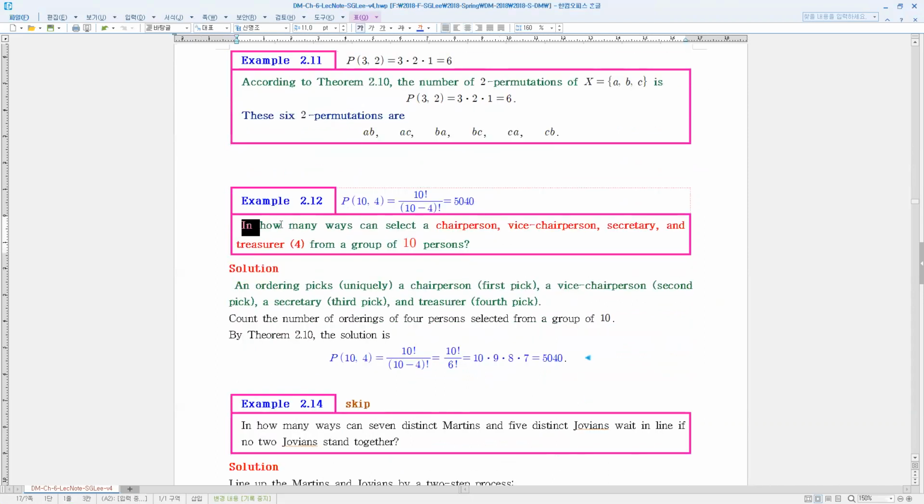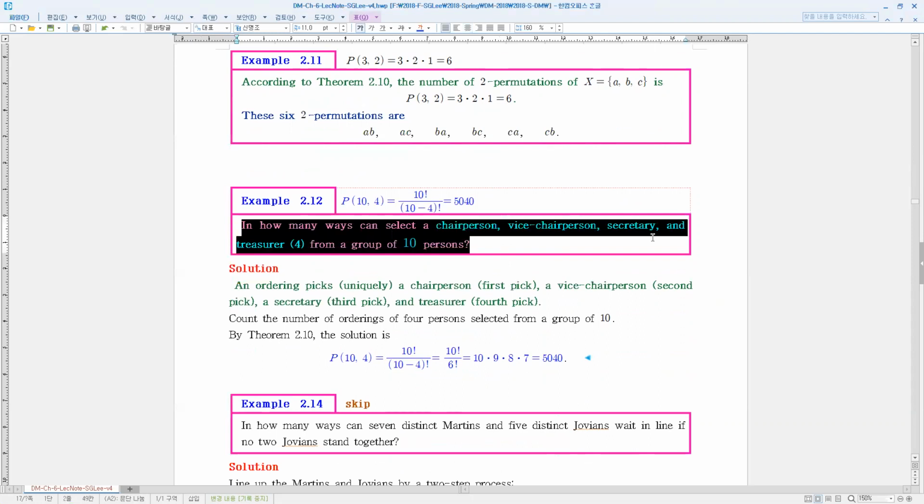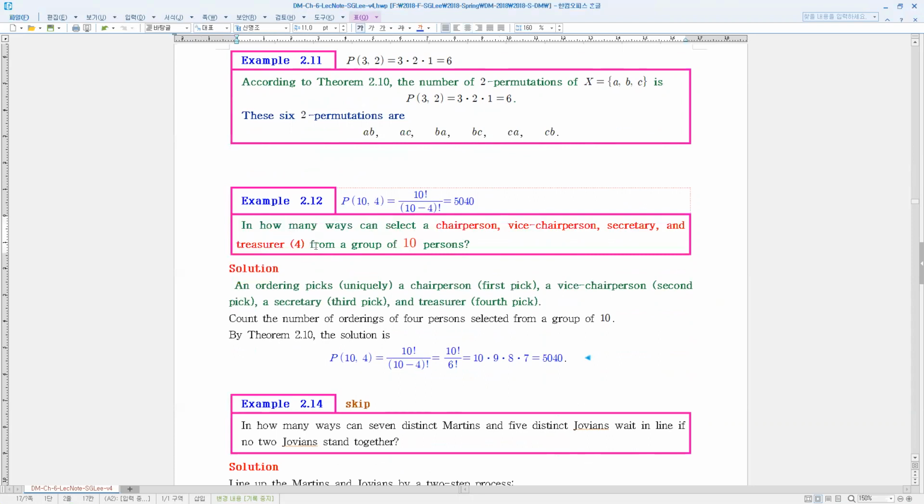And next, in how many ways can we select a chairperson, vice chairperson, secretary and treasurer from a group of 10 persons? Okay, we are choosing a 4 member committee. So the ordering picks uniquely a chairperson. So we choose the chairperson first. How many ways? 10 ways.